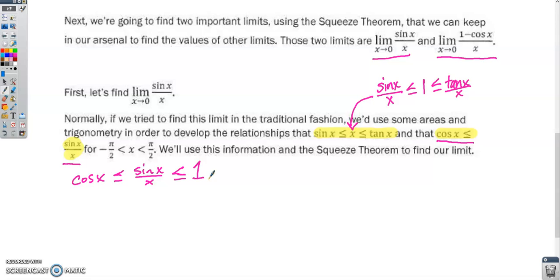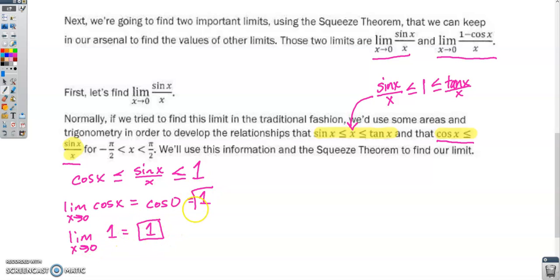And now all we need to do is find the limit as x goes to 0 of cosine of x. We substitute 0 into the cosine function, and we get that that is 1. And of course, the limit as x goes to 0 of 1 is just 1.